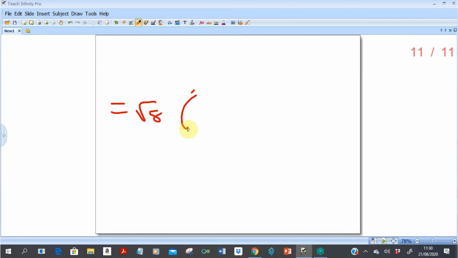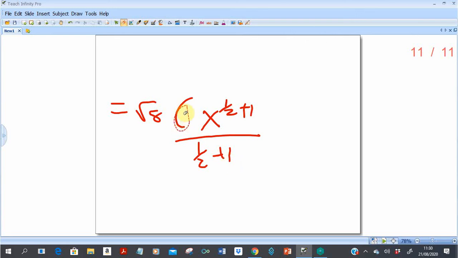Then we put our x to the half plus 1 over half plus 1, plus 6.